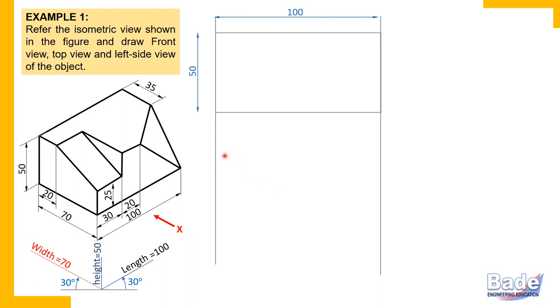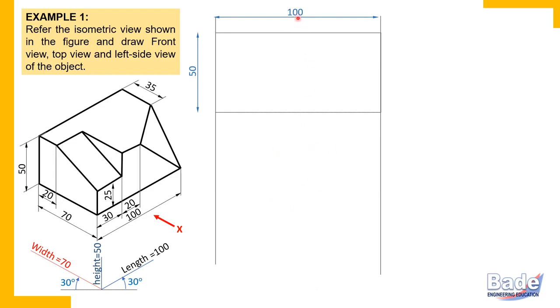So remember, the top view rectangle has length 100 millimeter, and that is to be projected from the front view to the top view. You must not measure that length independently, because it must have the same end projectors, and that is why it's better to project it downwards for the top view.